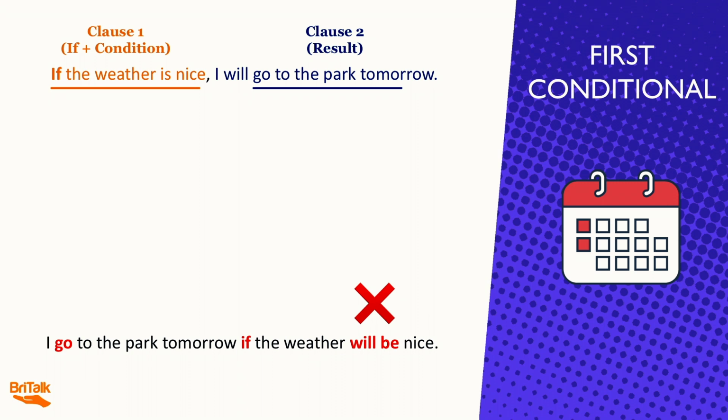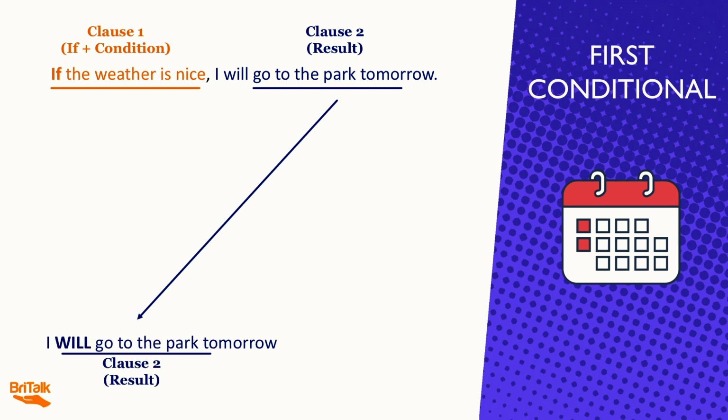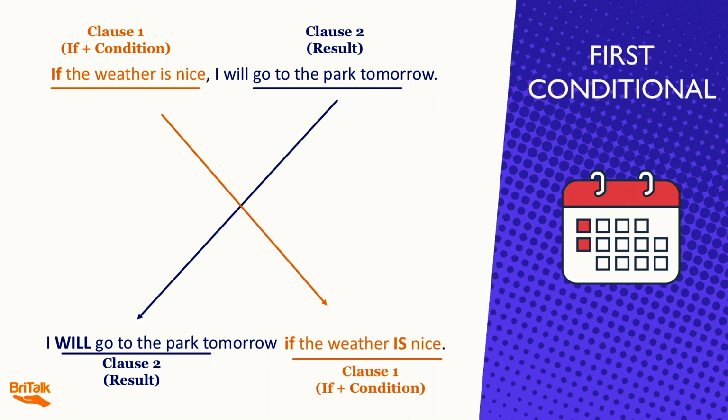Invece in inglese la parola if non viene mai seguita dalla parola will. Quindi per cambiare l'ordine possiamo mettere il risultato all'inizio della frase, ma sempre mantenendo il future simple, e nel frattempo possiamo mettere la condizione alla fine della frase dopo if.